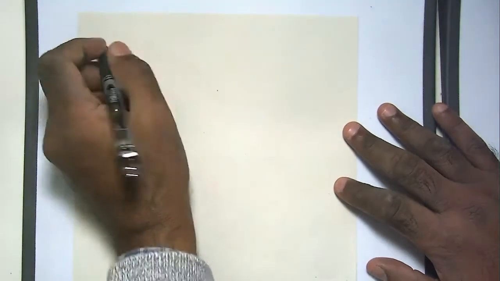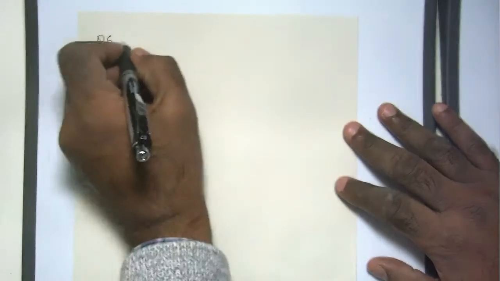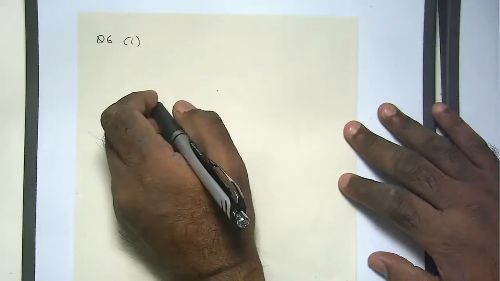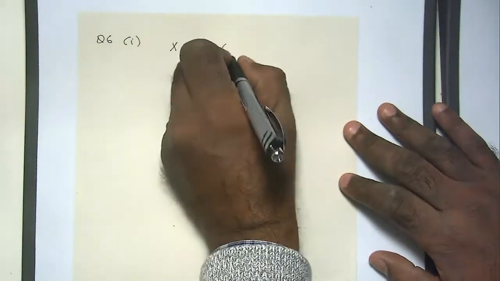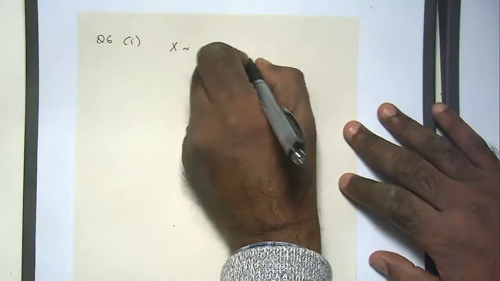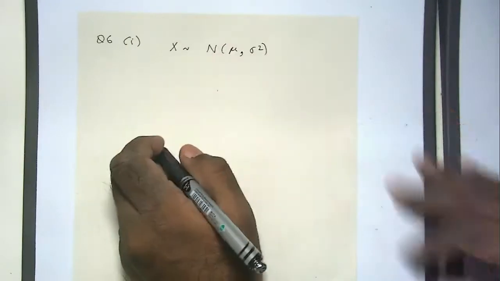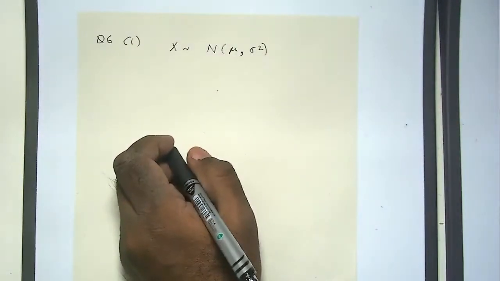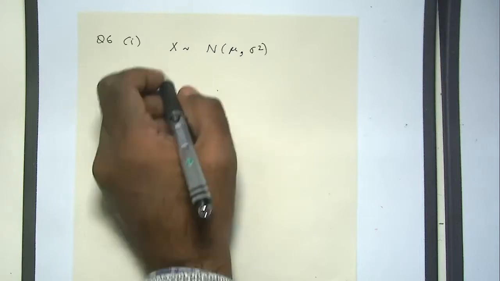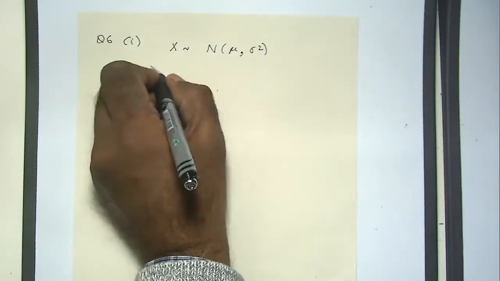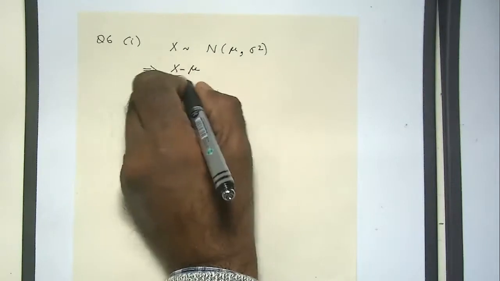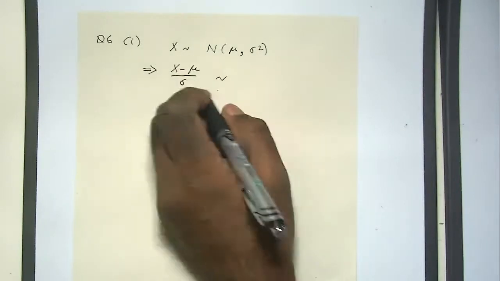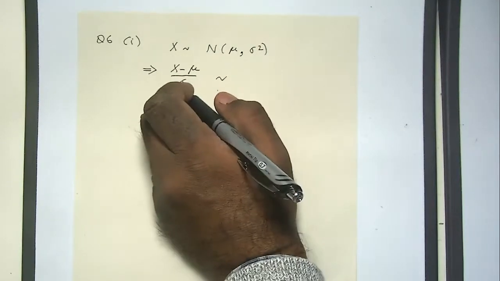Alright guys, so question 6, part 1. You have a variable x that has a normal distribution with these parameters. One of the properties I gave you in the lectures was the following: if x has this, what distribution will this have?